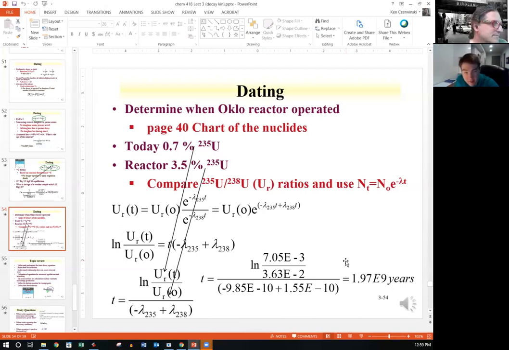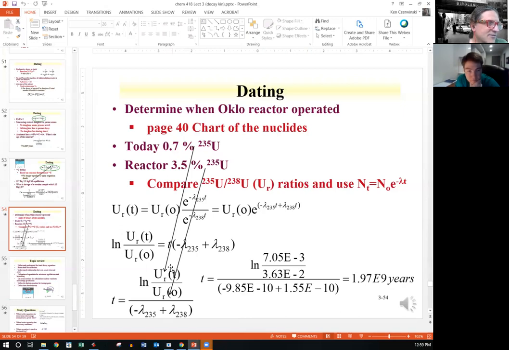I did also want to clarify while we're on the slide the origin of these numeric values. We have the 7.05 times 10 to the negative 3 there. That's our ratio here. So we have the natural logarithm of this ratio here. Yeah, I see the bottom term there with our decay constants. Right, exactly.